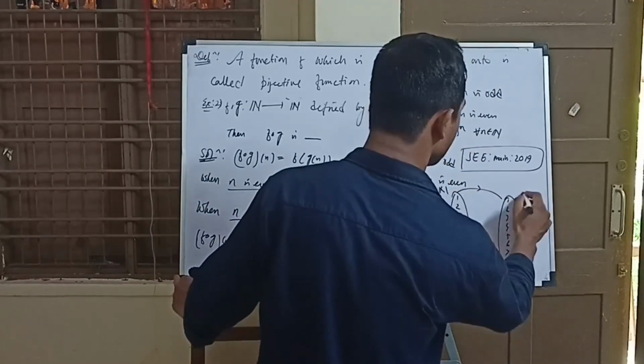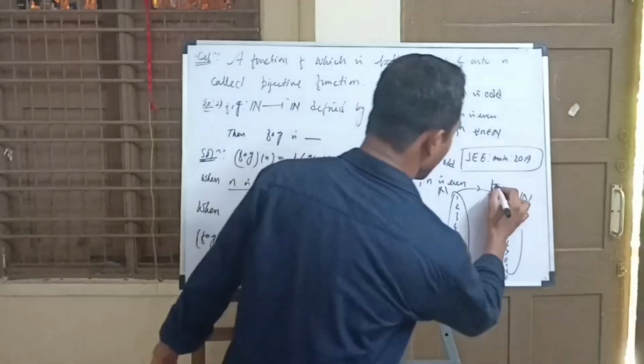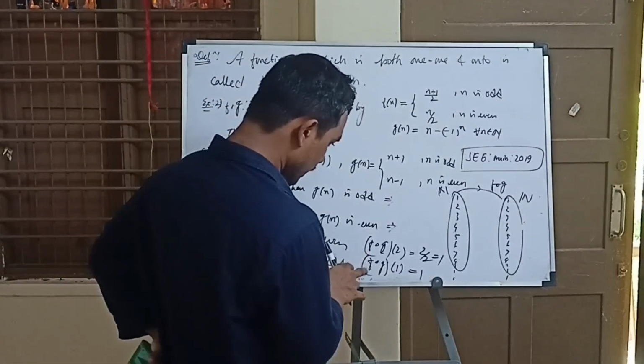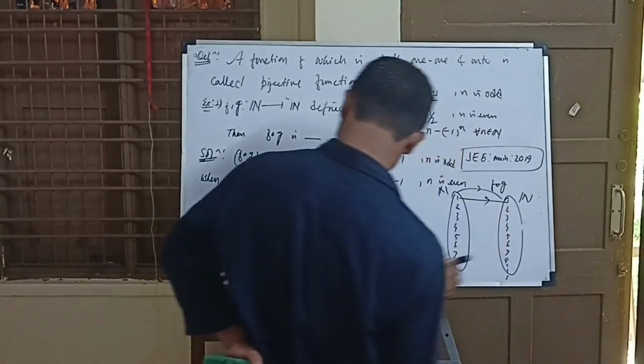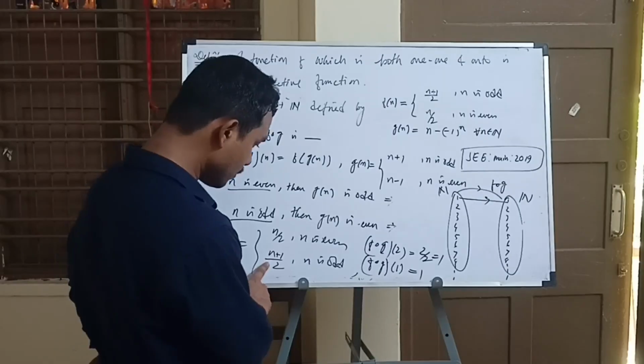This is N, this is N, this is f composition g. f composition g of 1 is 1. f composition g of 3 is 2.